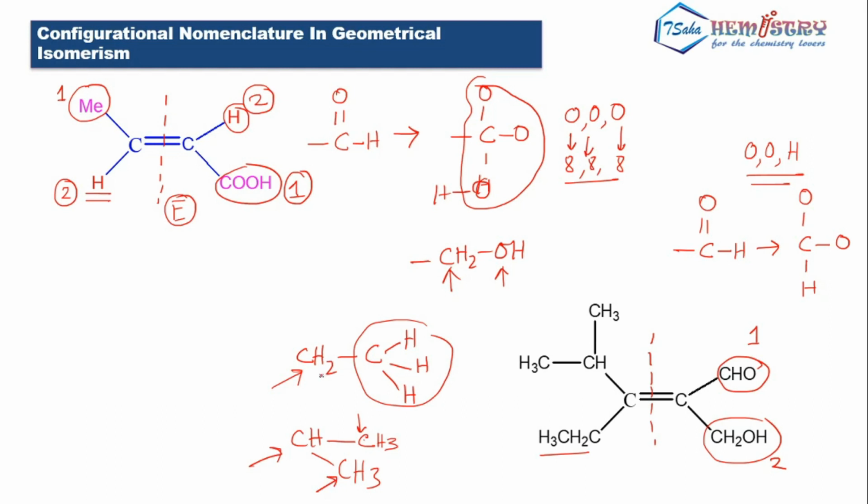After this carbon you have two hydrogens, but after this carbon you have basically two carbons. Because the atomic number of carbon is higher than that of hydrogen, this particular moiety will get priority number 1 and this one will get priority number 2. Similar priority groups are present on the same side of the double bond, that's why this configuration should be Z, not E.